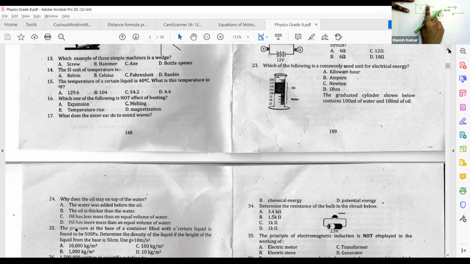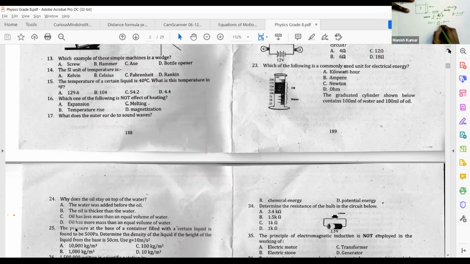H is 50 centimeter, but I have to convert it into meters because I want H in SI unit. So 50 by 100 meters, which is half a meter, into rho into G. G should also be in SI unit, which it already is.